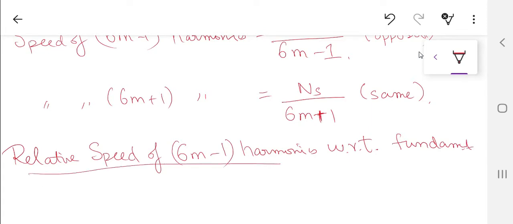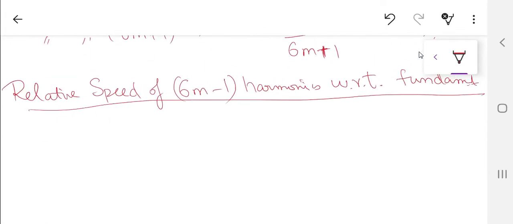Now this is very important. What I mean by this: suppose I take an example where the fundamental is going with Ns speed. I know the 6m minus 1 harmonics are going to move in the opposite direction with respect to the fundamental. I'm just in the stator, I've not gone into the rotor yet. So this vector is going to tell me, and the speed of this one is going to be Ns divided by 6m minus 1.